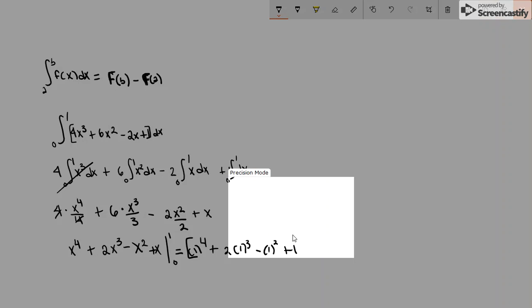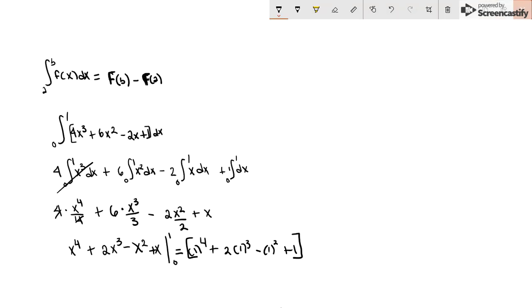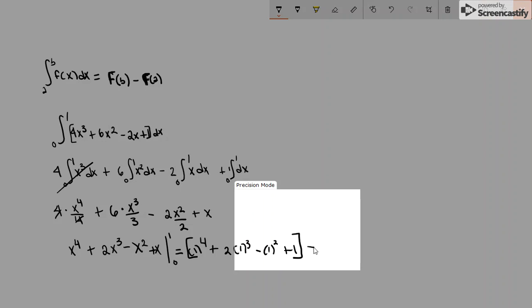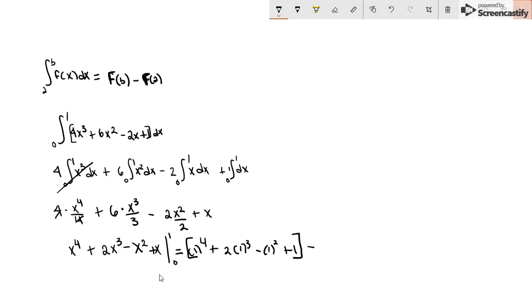I like to put these in brackets just so that I don't lose track of them, right? Then minus. Now, this is important about zeros. In most cases, when you just have functions of x, polynomials, you could just ignore it, right? Because 0 to the 4th plus 2, 0 to the 3rd minus 0 squared plus 0 is just 0. So in cases where you have 0 at the bottom, you could just take the first number, and that will be your last answer, right?